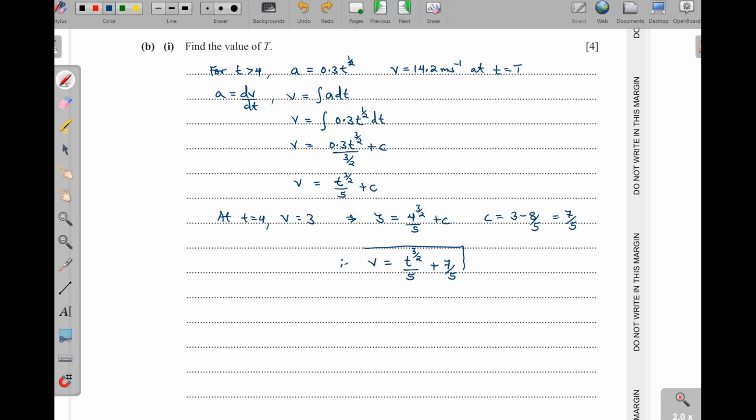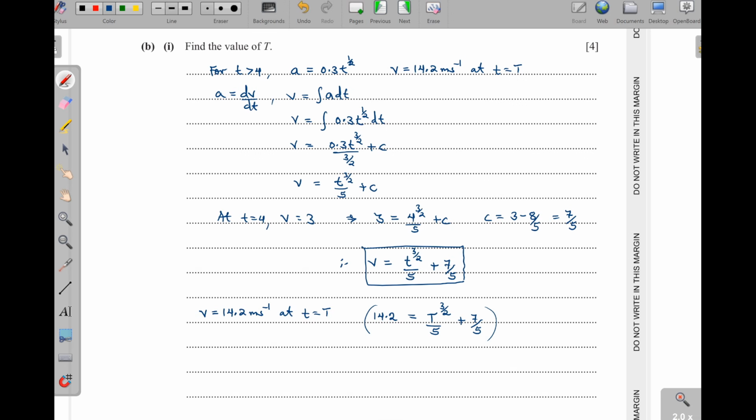Okay, that is that. But then I said that v is equal to 14.2 at t equal to capital T. Now substituting here, I will bring this one here. And then we say 14.2 is equal to, where there is t, I put capital T to the power 3 over 2 over 5, then plus 7 over 5.